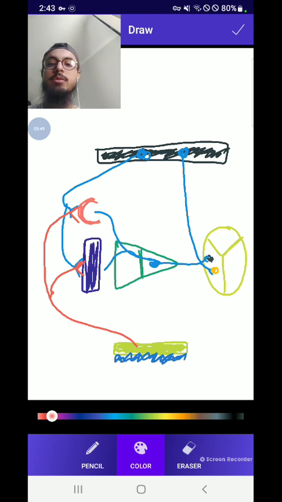Now I show you the action potential. From the cortex, the signal moves to the caudate nucleus and putamen. It is an excitatory signal, so I write positive, and it stimulates them.